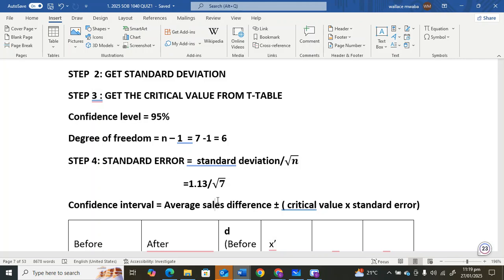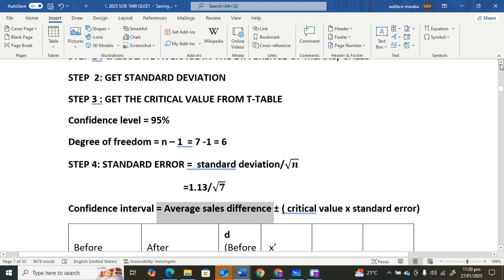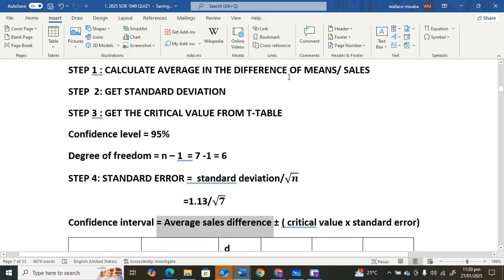To get your confidence interval, it's your average sales difference, which we calculated in step one, plus or minus the critical value, which we got in step three, multiplied by the standard error.